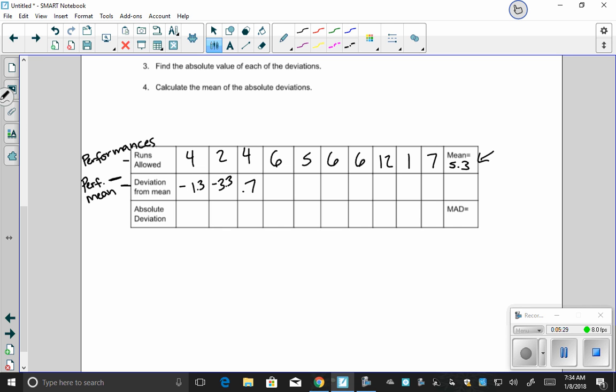So to get negative 1.3, all I did was subtract 5.3 from 4. 2 minus 5.3, and you get the picture.